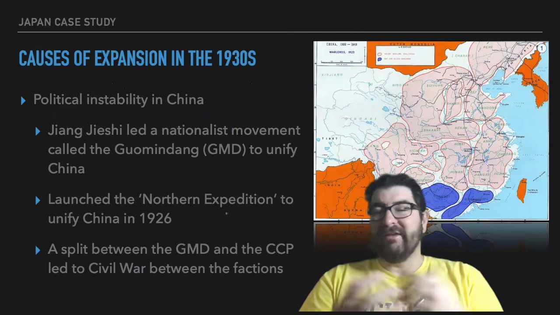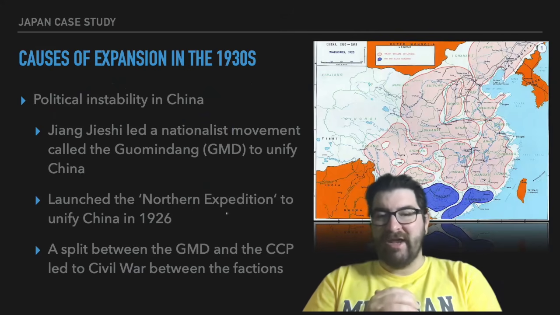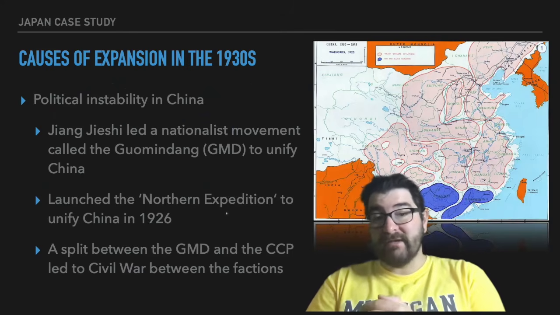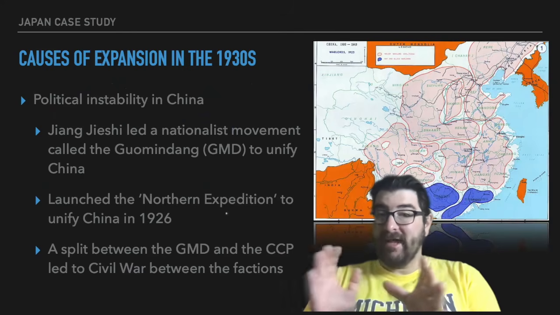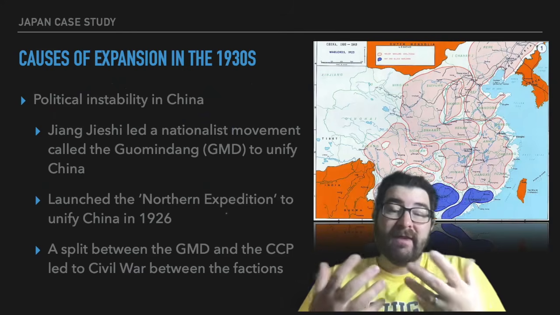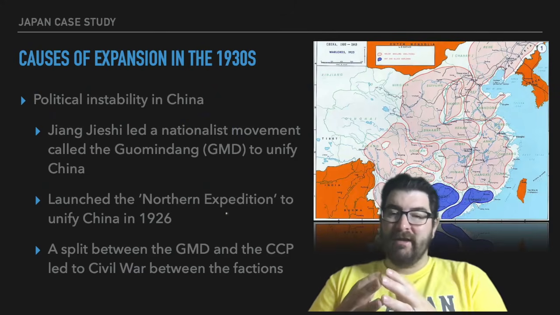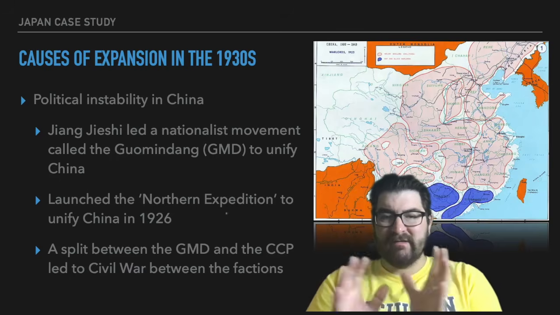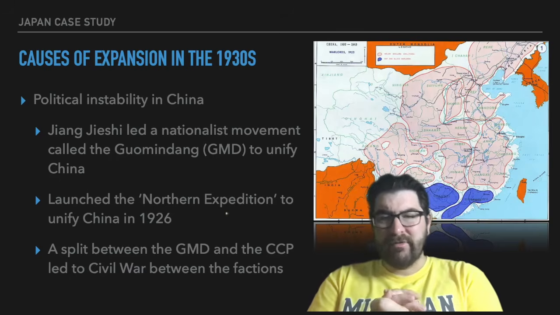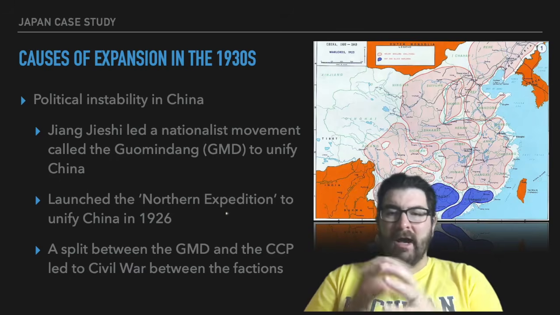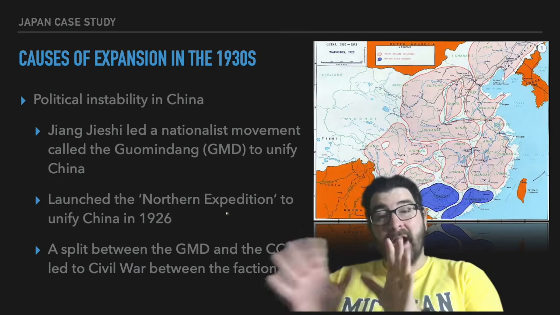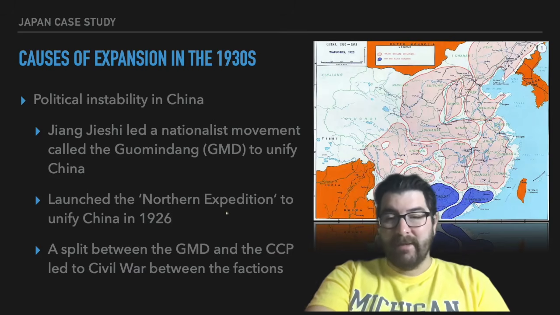China has been very much a divided nation since the fall of the Qing dynasty, but Zheng Jixi, the leader of a nationalist movement called the Kuomintang or the GMD, is going to move in the 1920s to unify China. In 1926, he launches what's called the Northern Expedition, where he's going to send his armies to the north of China to try to bring in territories that are not under his control yet, up to and including Manchuria.